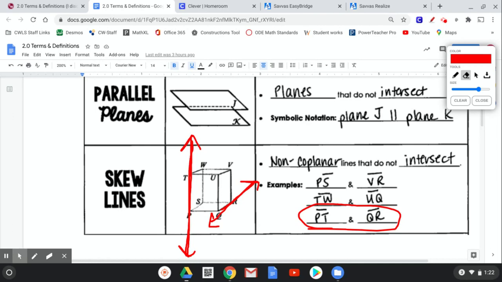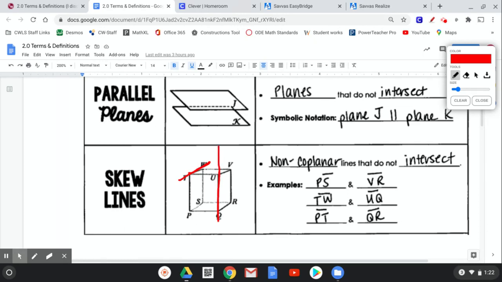If you think about any three-dimensional object, there's going to be a line going up and down, and one in the back going the opposite way. They're separated because they're on different planes. So take TW and UQ. TW's up here, and UQ is right here.